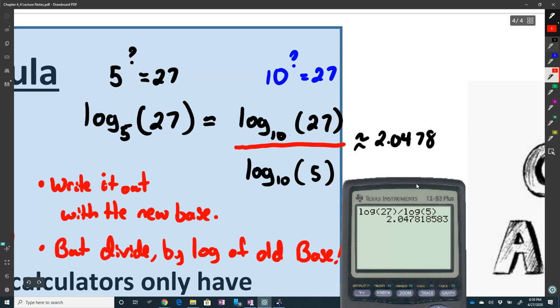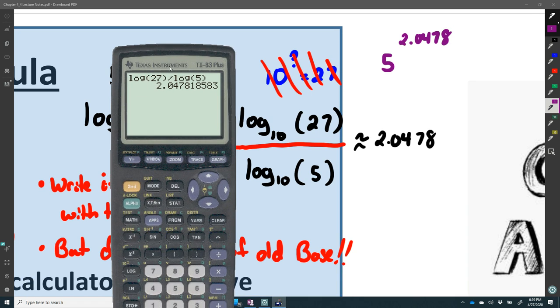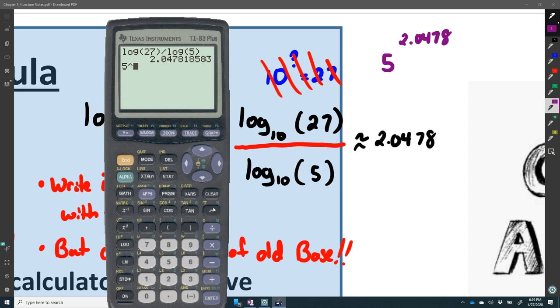And this is not what we're looking for. And so notice that if I go back to my original idea, 5 to the 2.0478. Now, since I rounded, it's going to be a little off.